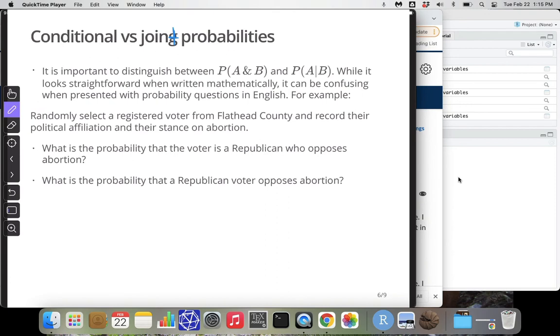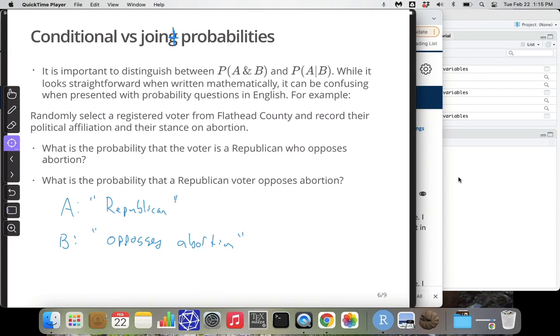Well, if we define A to be the event where the registered voter is a Republican, and we define B to be the event opposes abortion, now what we want to do is look at these and try to distinguish which is the joint probability and which is the conditional probability.